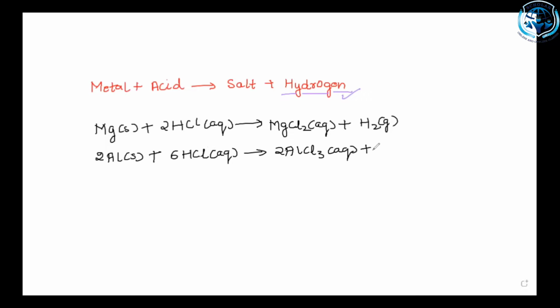When iron filings in the third test tube react with HCl, that means hydrochloric acid, it forms the salt FeCl2, ferrous chloride or iron chloride. The reaction occurs vigorously on warming.